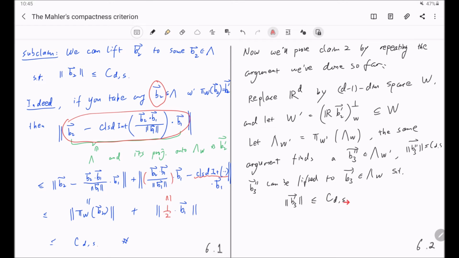Now, let's do just one more step. You lift this to lambda at the very beginning.